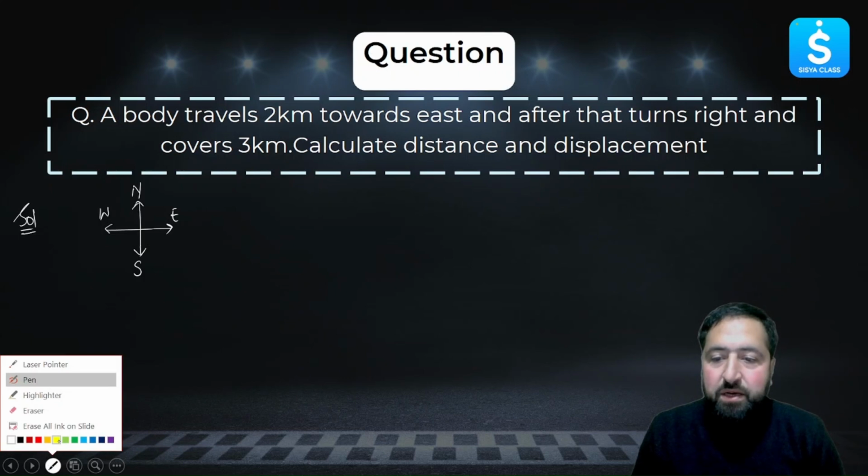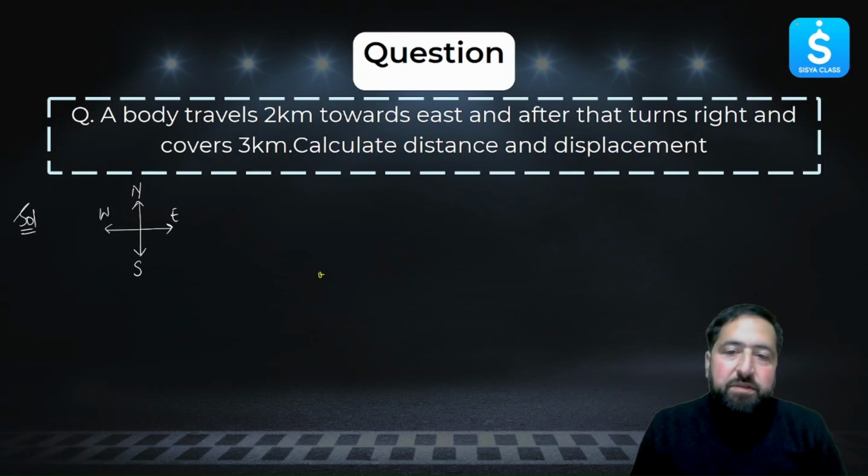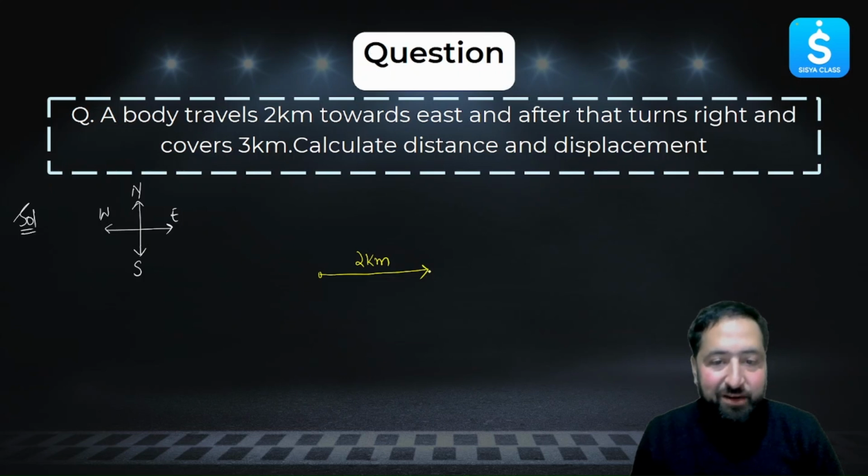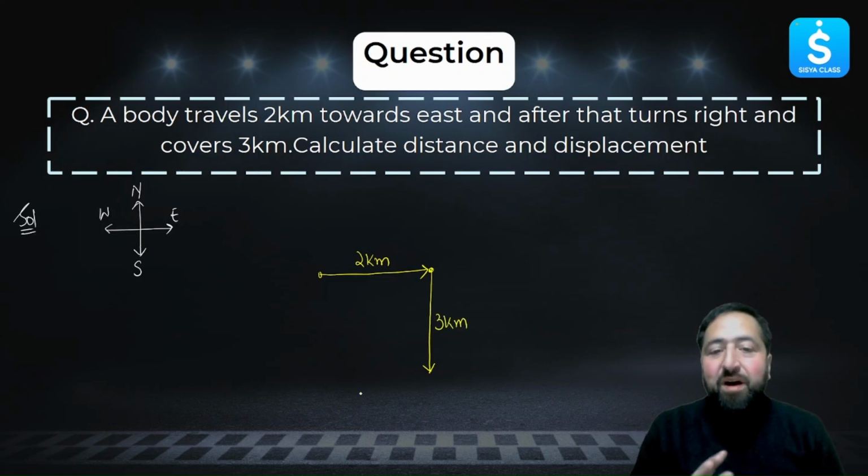Now a body covers 2 kilometers towards the east. Then it turns right and covers 3 kilometers. So from this point, it covers 3 kilometers like this. Now this is the final position. Let's suppose this is point A, this is point B, and this is point C over here.